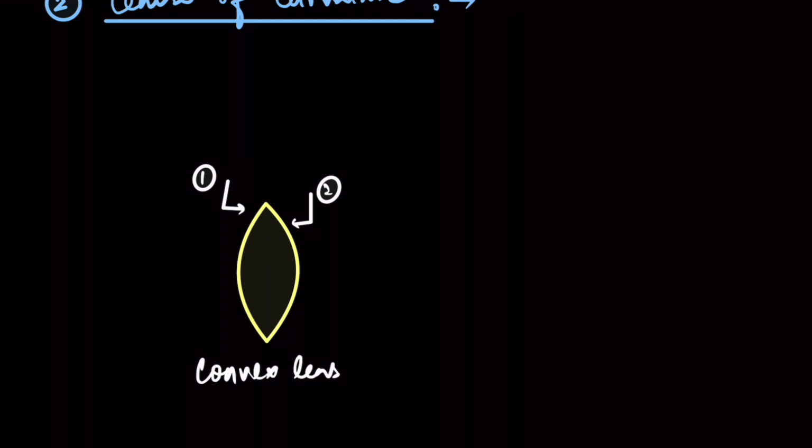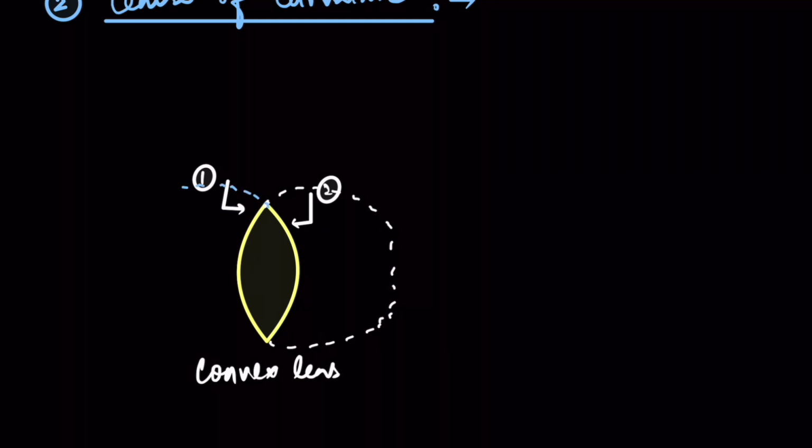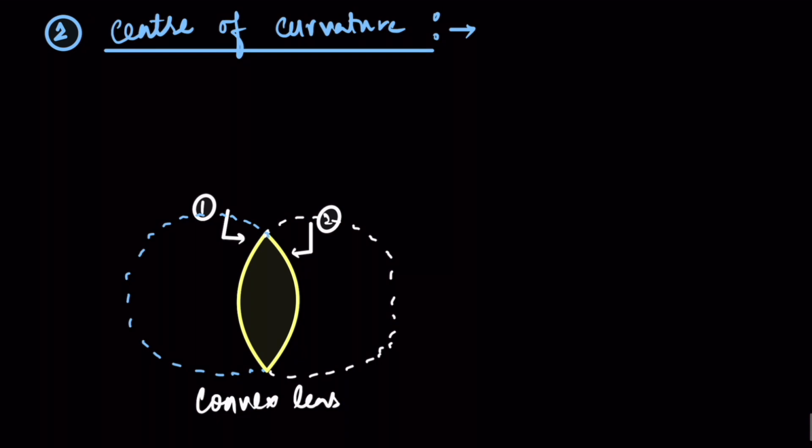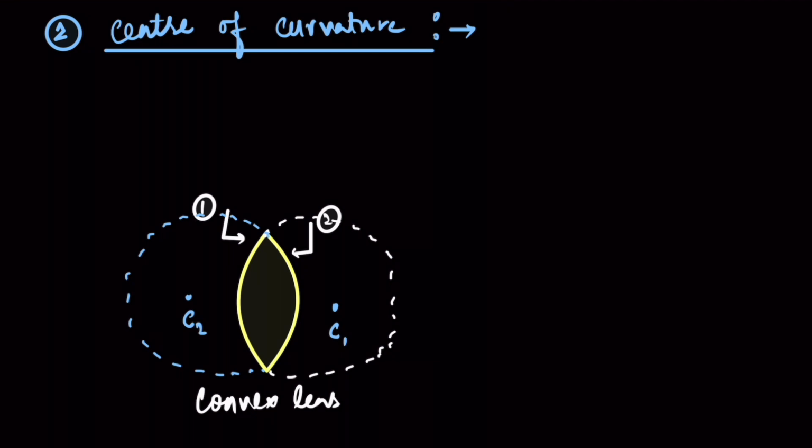With respect to one, the sphere could be in this way. And with respect to two, the sphere could be this. So the center of these two spheres is called as center of curvature. So based on 1 and 2, we can say that this is C2 and this is C1.